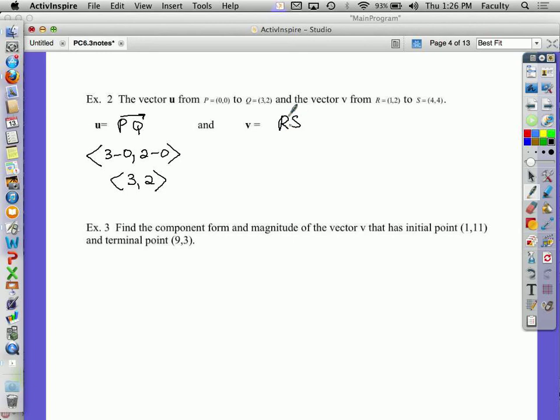Vector v is the vector from r to s. So those are equal. And clearly that's a much easier way to go.